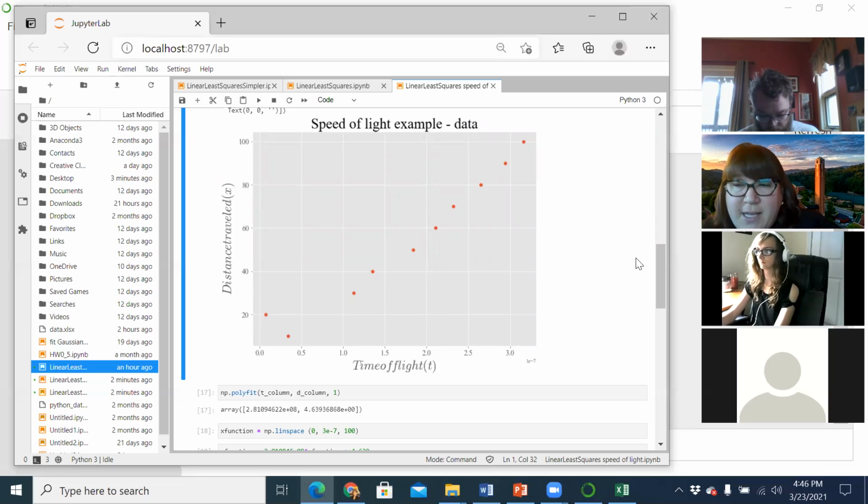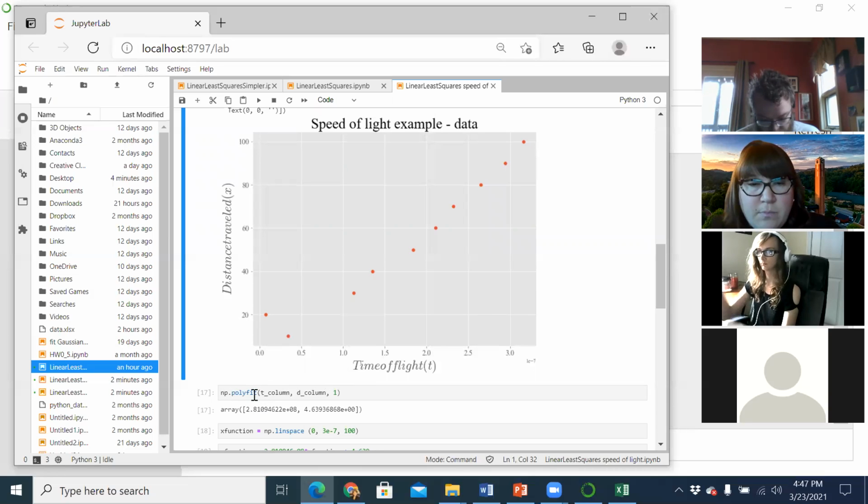Now, to actually fit this data in Python, I could write my own code that does linear least squares regression. People did that this round in senior seminar and bragged about it, and we're very proud. So totally you can do that, or you can use a function. There's a bunch of different functions you could use.